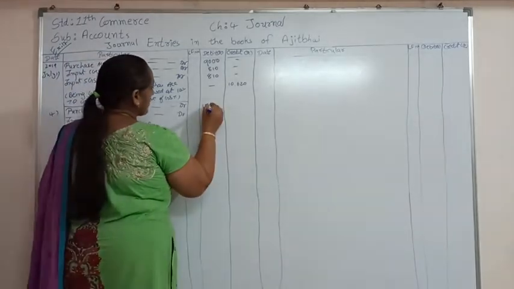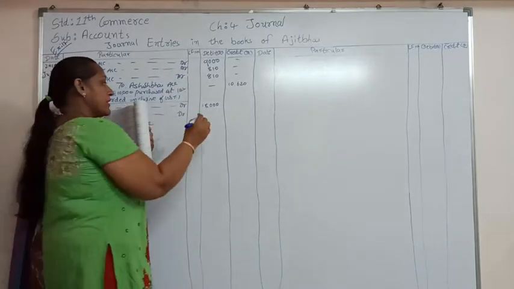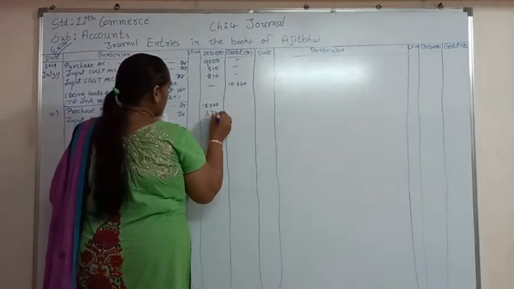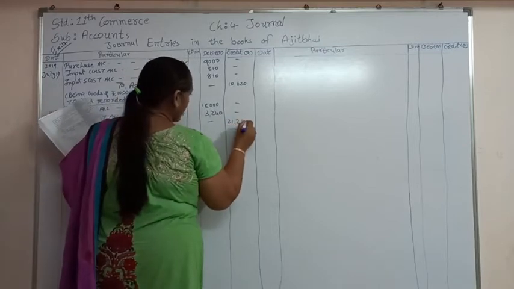So here the goods of 20,000 with 10% trade discount make 18,000, and 18% of that will be 3,240. The total of this will be 21,240.